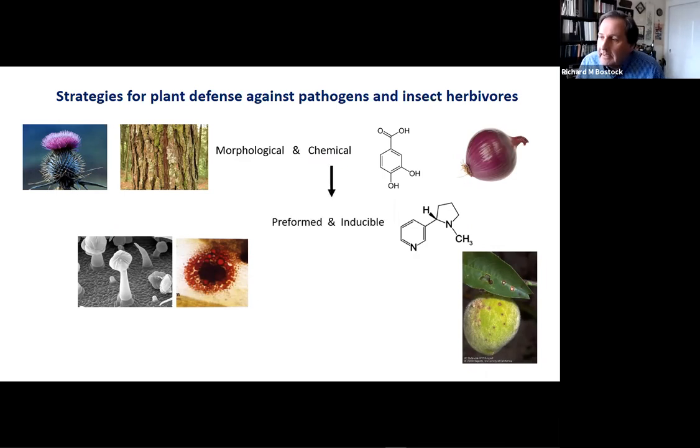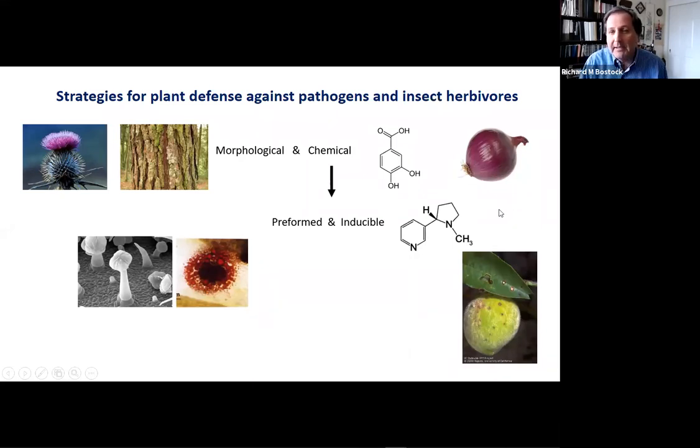The way I like to think about this, there are preformed and inducible defenses. By preformed, I mean they're already there, and protocatechuic acid would be one example. Nicotine is another that can be preformed, or it can be induced as well.